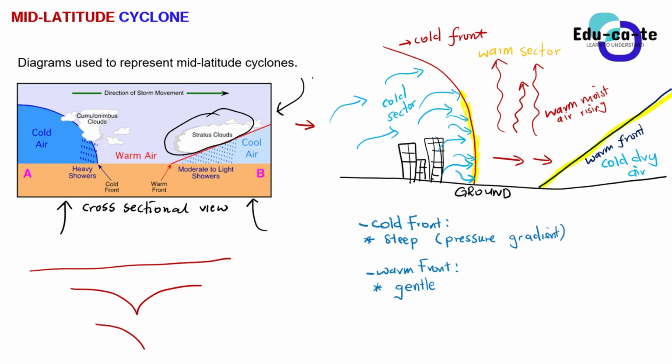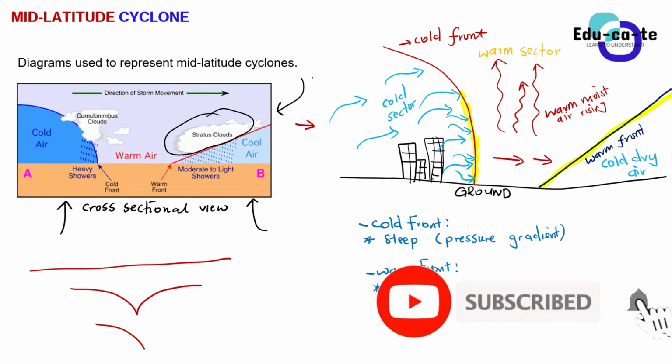I think it is because when the cold air pushes the warm air, the cumulonimbus clouds form from there, then there is heavy rainfall. That's correct, absolutely correct.